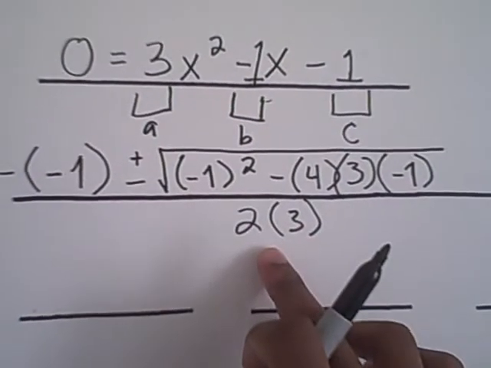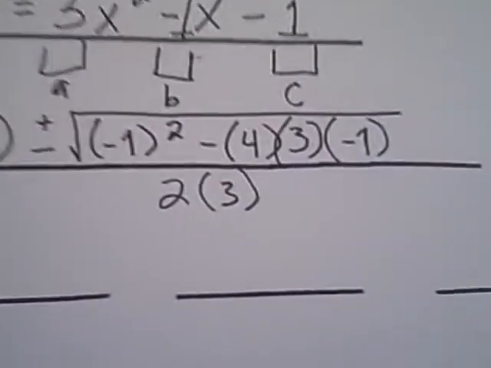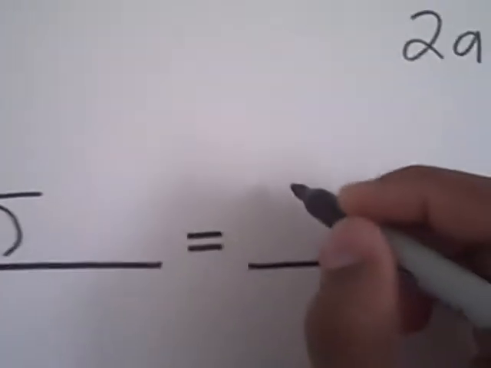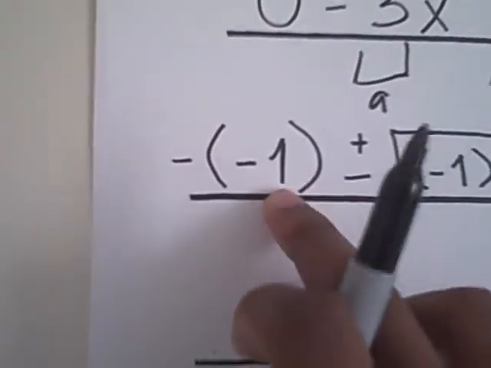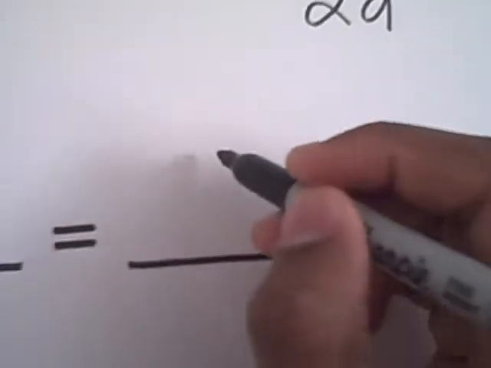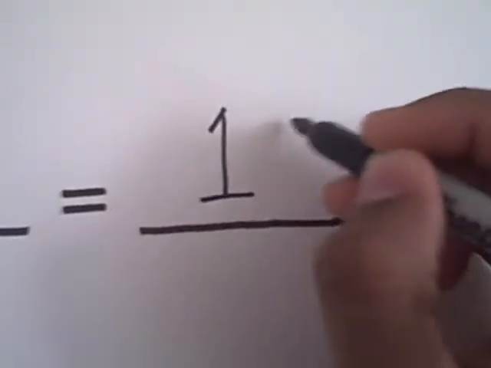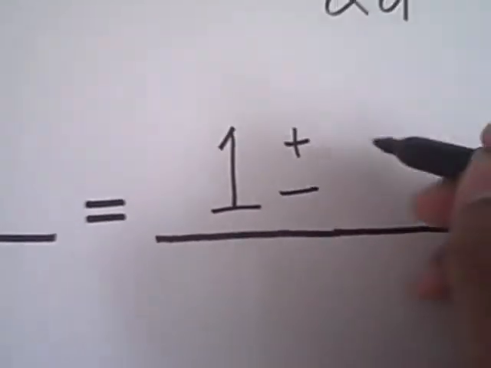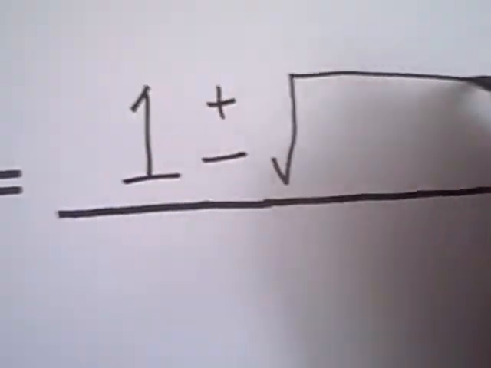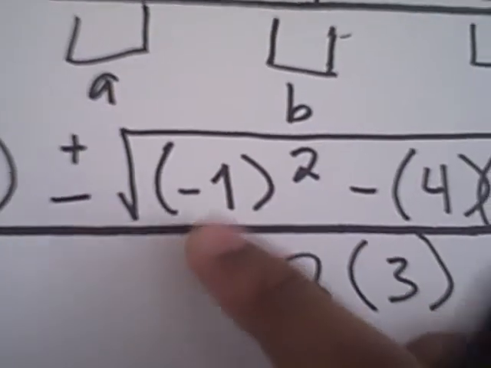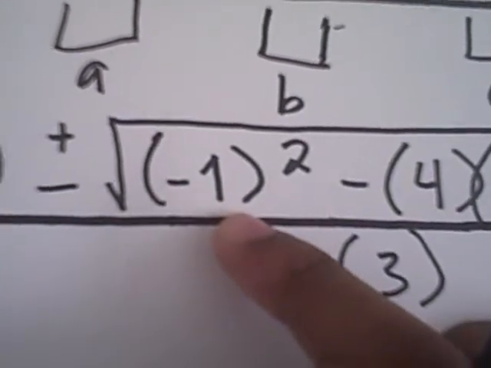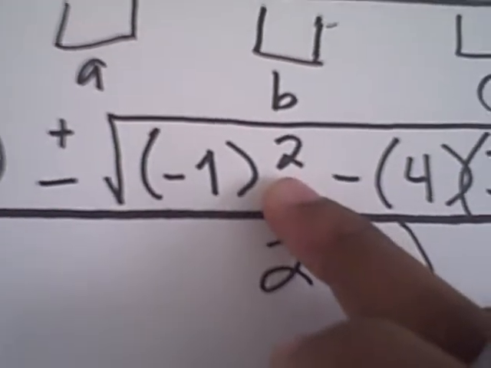Okay, now that we have our second equation, we have to simplify. Since there are two negatives over here, this will turn into a positive 1. So our new equation is 1 plus or minus the square root of 1, because this is a negative 1 and we're timesing it by 2, so two negatives equal a positive.